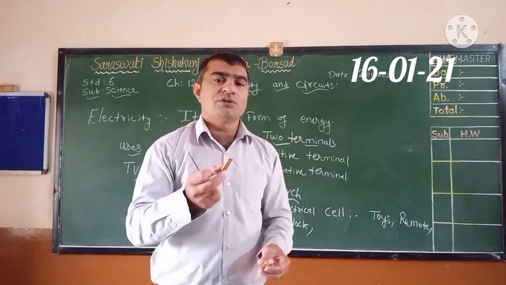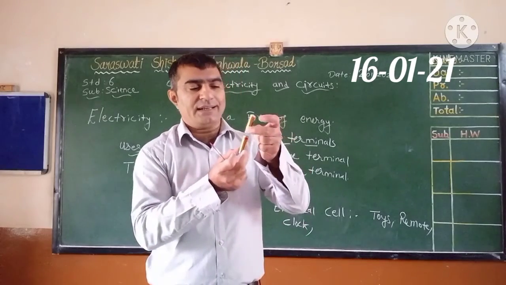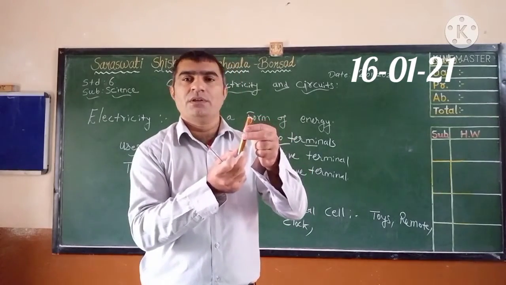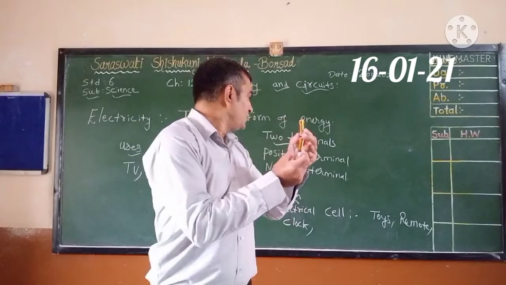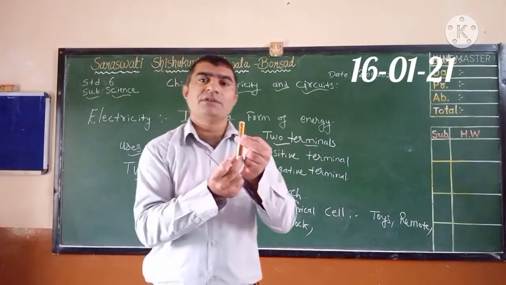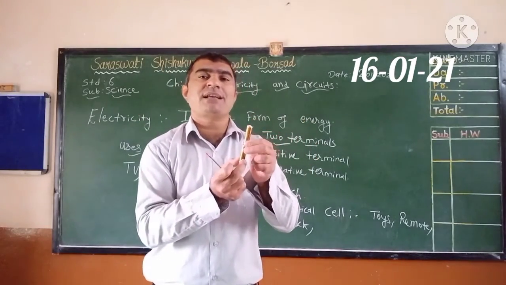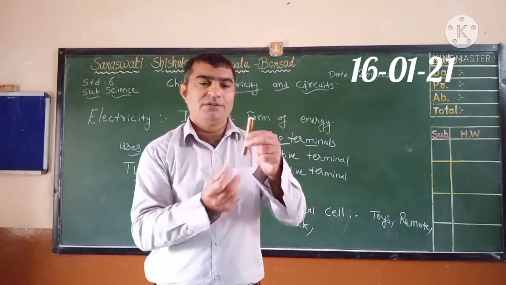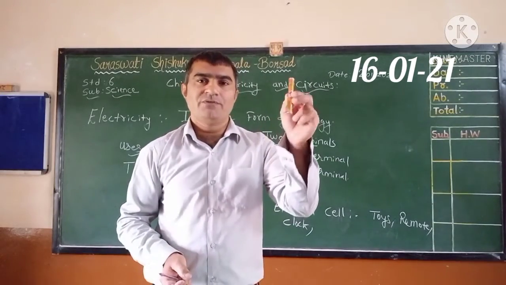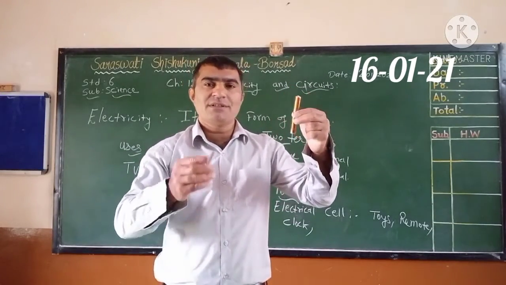In some torches more than one cell is connected, and it is known as a battery. If two or more cells are connected together, it is known as a battery. If more than one cell, how is its connection?